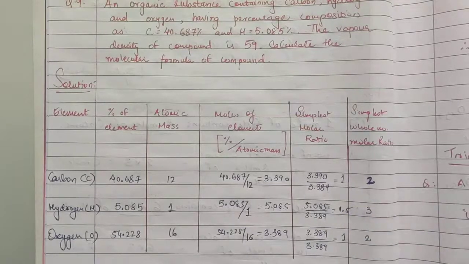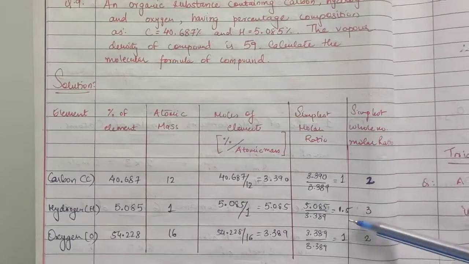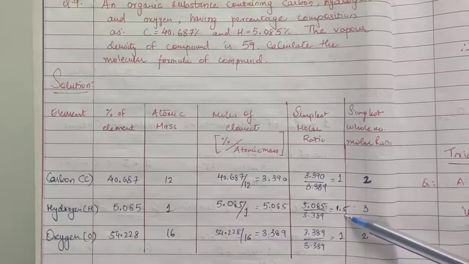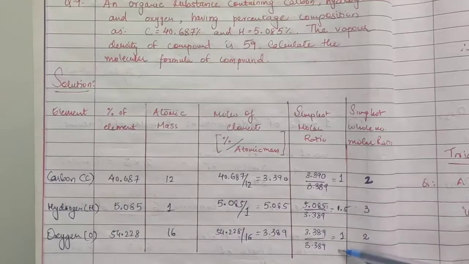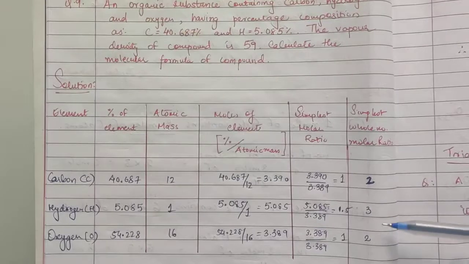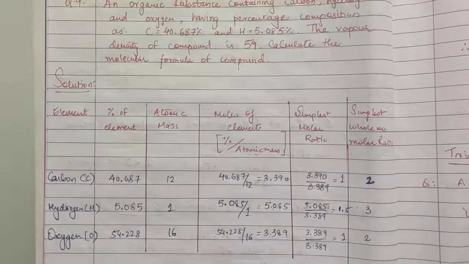Now here's the catch, students: the ratio cannot be in decimals. You always need a whole number here. So multiply by 2 everywhere. The simplest whole number ratio will be carbon 2, hydrogen 1.5 into 2 is 3, and oxygen 2.